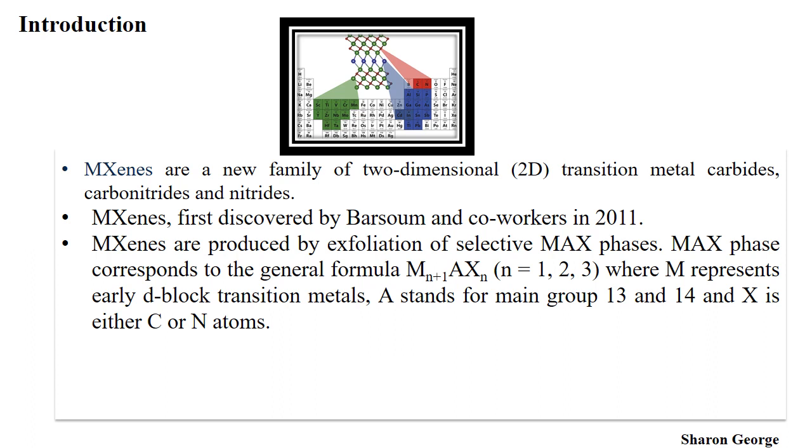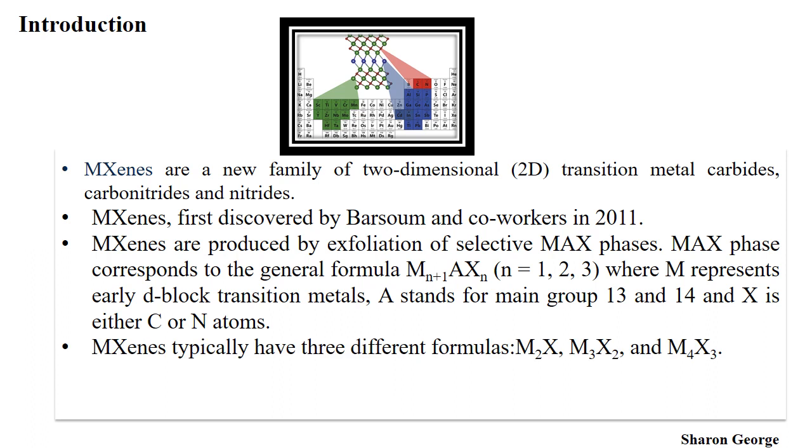Okay, so this phase has a hexagonal structure where the layers of M and A are intercalated, and the X atoms are located in the octahedral sites formed by the M element. Okay, so MXenes typically have three different formulas like M2X, M3X2 and M4X3. Okay, so these are some basics about MXenes.